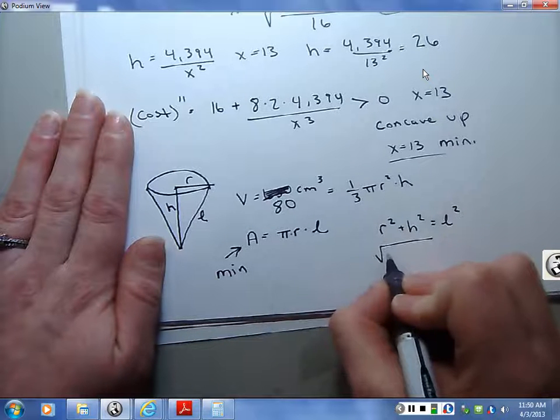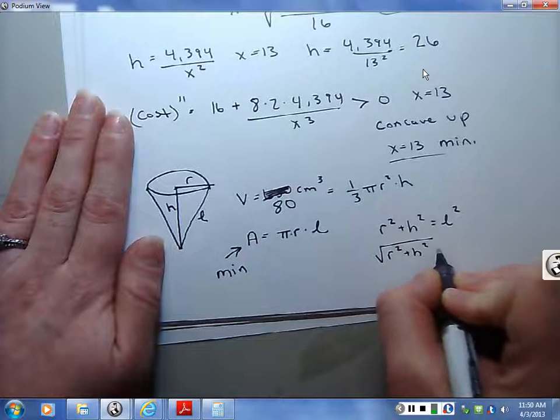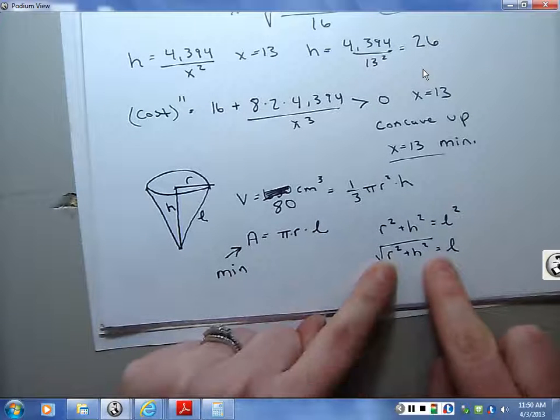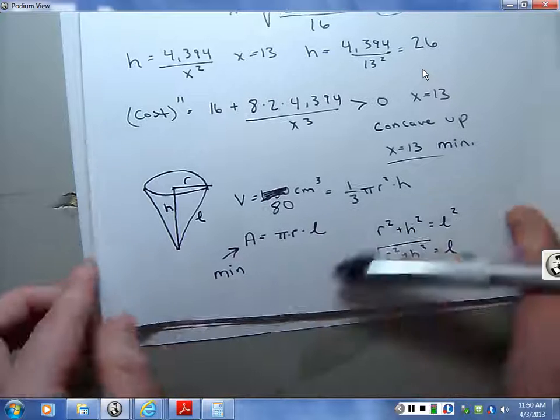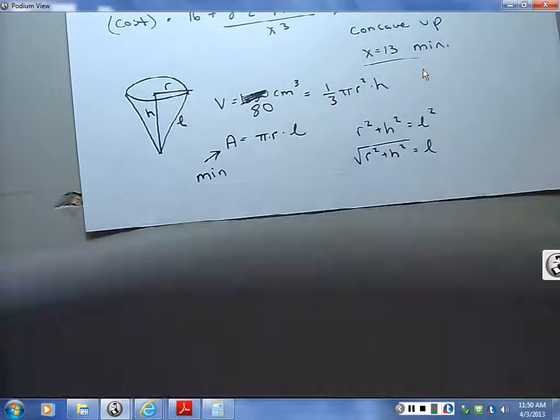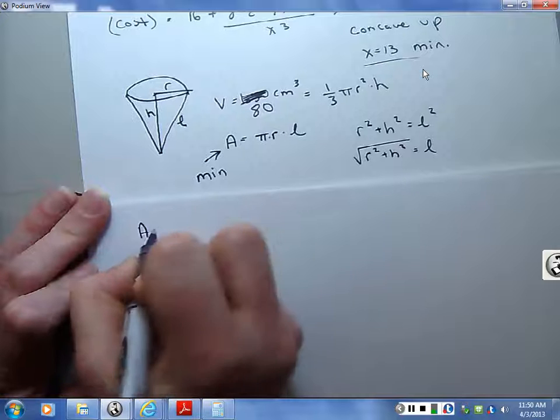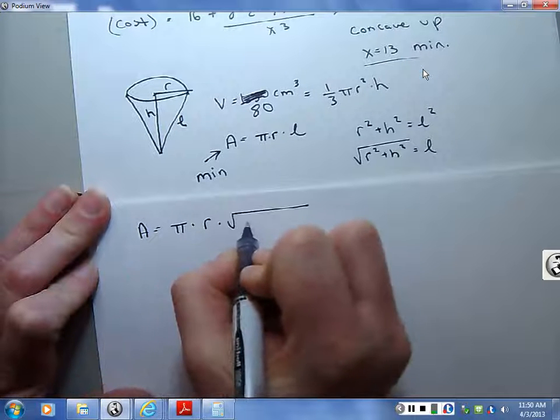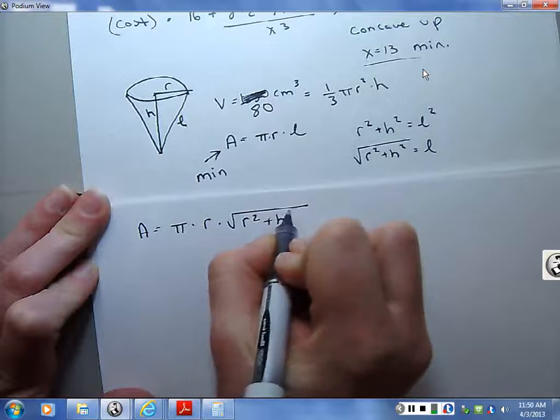So it turns out, and Wiley actually gives you this hint, this is L. And if I plug L in for A, I would have that A is pi times R times the square root of R squared plus H squared.